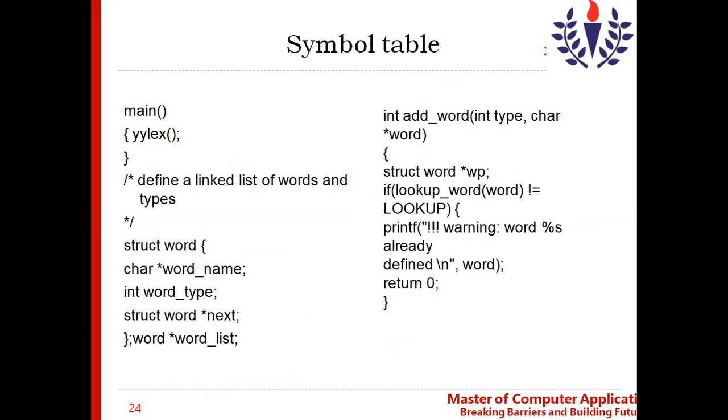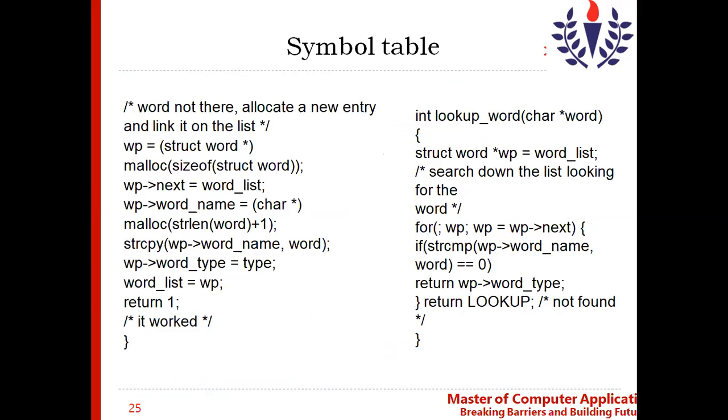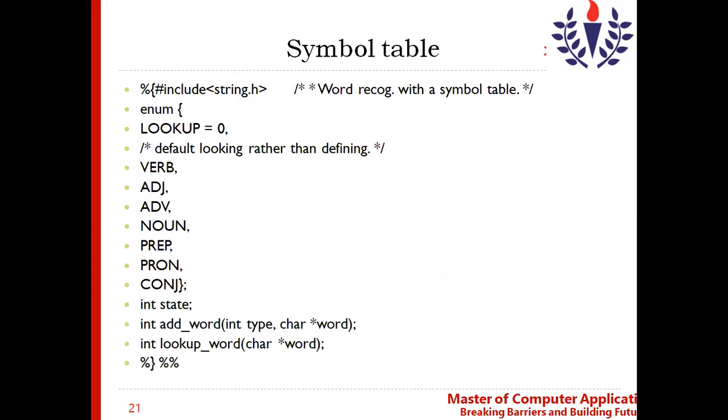For this we have two functions, add word and lookup word. Using these two functions, we are able to get the input, and if the input is matched in the linked list, it will tell you the type of the word.